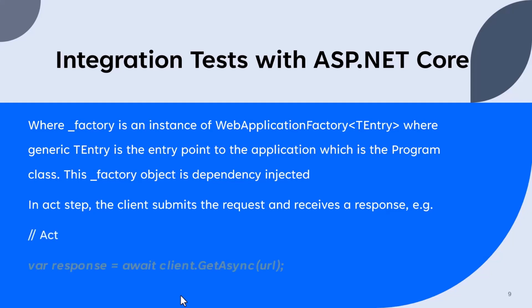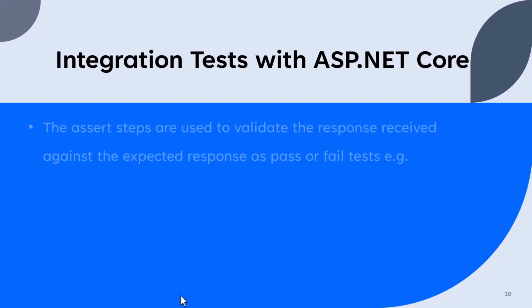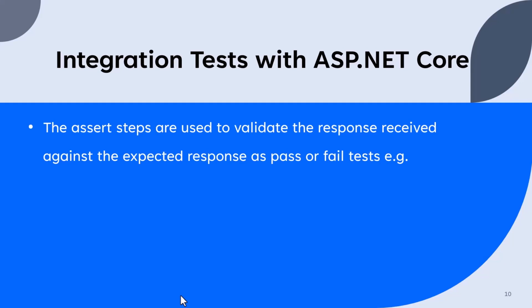Now in the act step, the client submits the request and receives a response. For example, in the act step, we get the response by awaiting on the client object and calling the GetAsync method and passing the URL, which has been passed as a parameter to the action method. In the assert step, the assertions are used to validate the response received against the expected response as pass or fail tests.